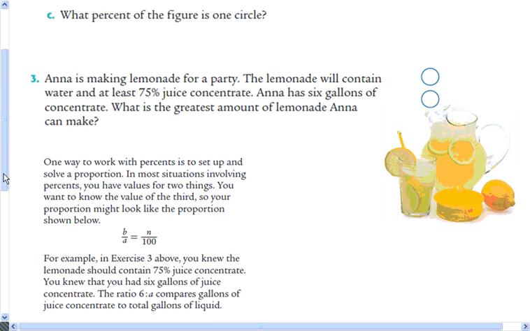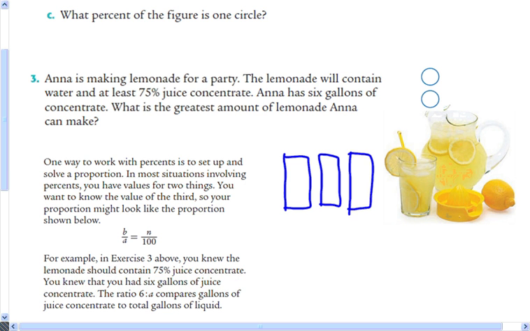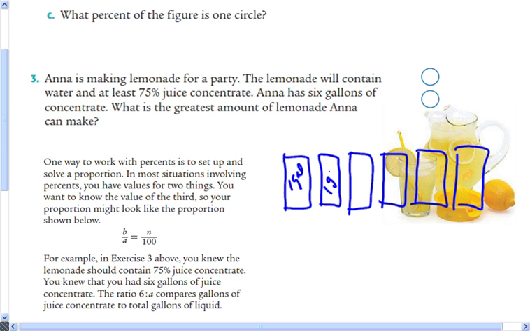All right, Anna's making lemonade for a party. The lemonade will contain water and at least 75% juice concentrate. Anna has 6 gallons of concentrate. What is the greatest amount of lemonade Anna can make? So, just a quick picture. If each of these diagrams represents a gallon of concentrate, this is 1 gallon, 1 gallon.